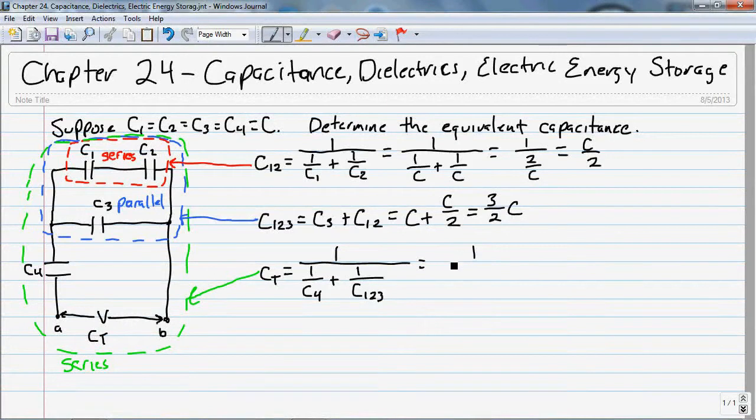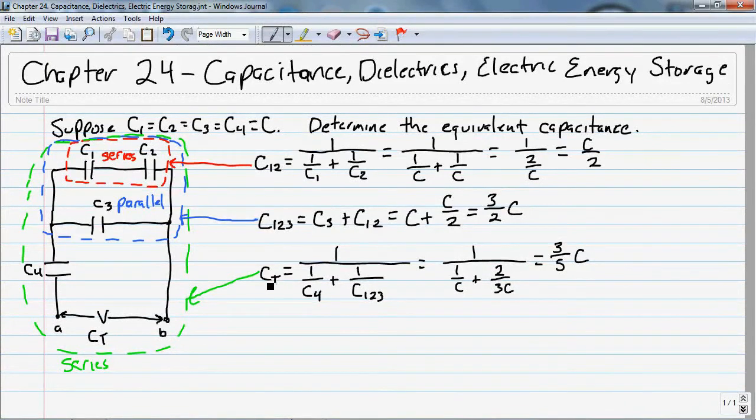That's equal to 1 over C plus the reciprocal of the C123, which is going to be 2 over 3C. And we can solve that out and we get 3/5 C.